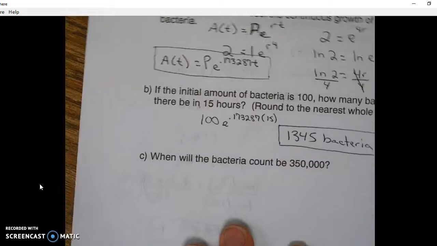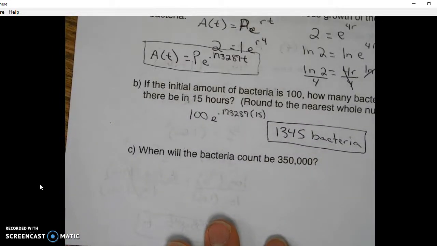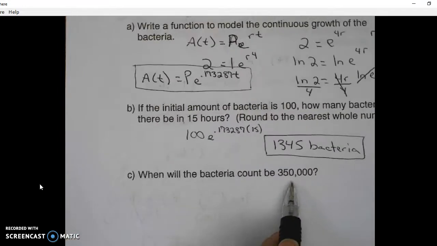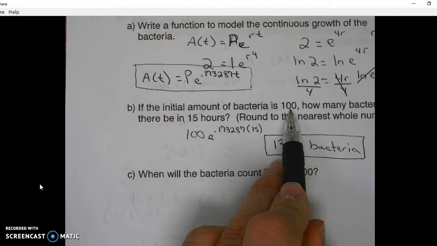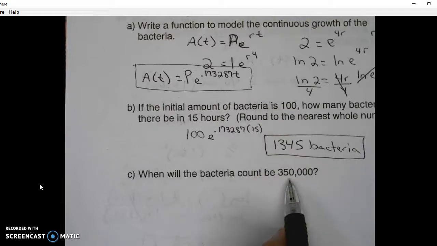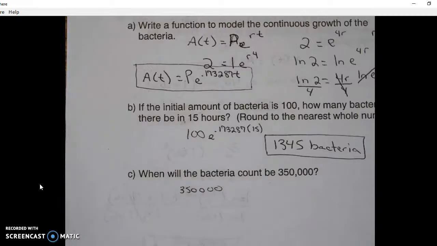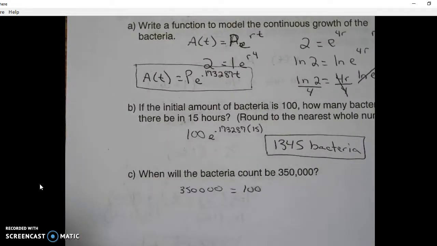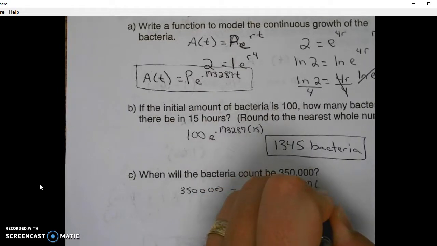When will the bacteria count be 350,000? Okay, so that's going to be based on a starting initial amount of 100. 350,000 is our ending amount. We're starting off with 100. We know the rate, and we're looking for time.